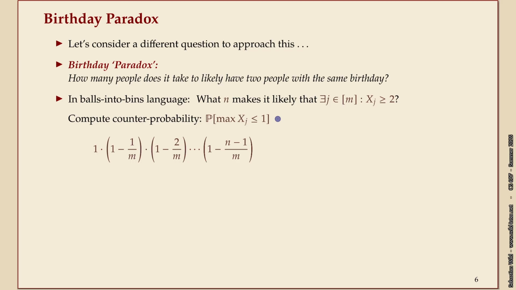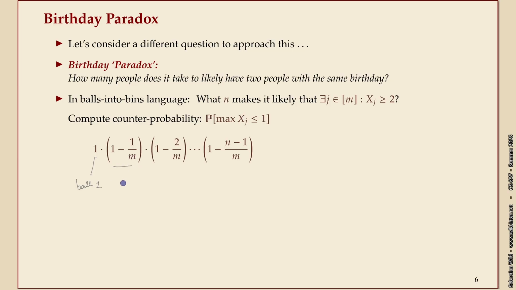The method to approach this is to compute the counter probability. What's the probability that all the bins have at most one ball? And we go through the balls to determine that. So this is the first ball. It has all bins available. There's nothing that would make any bin overfull.